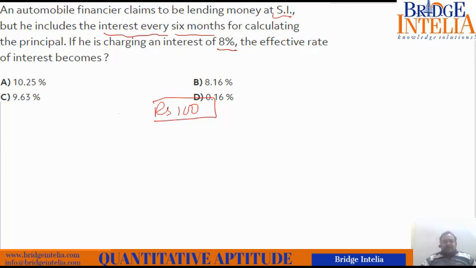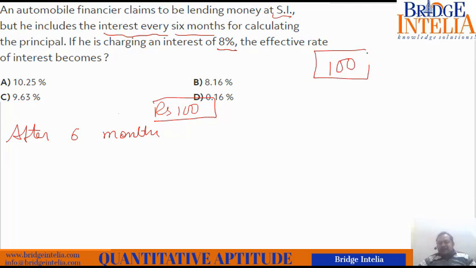So after 6 months he will do something. After 6 months he changes the amount. How does he change the amount? He includes the interest also in the principal amount. So the actual money that was lent was rupees 100, but for the entire year he would have charged 8%.